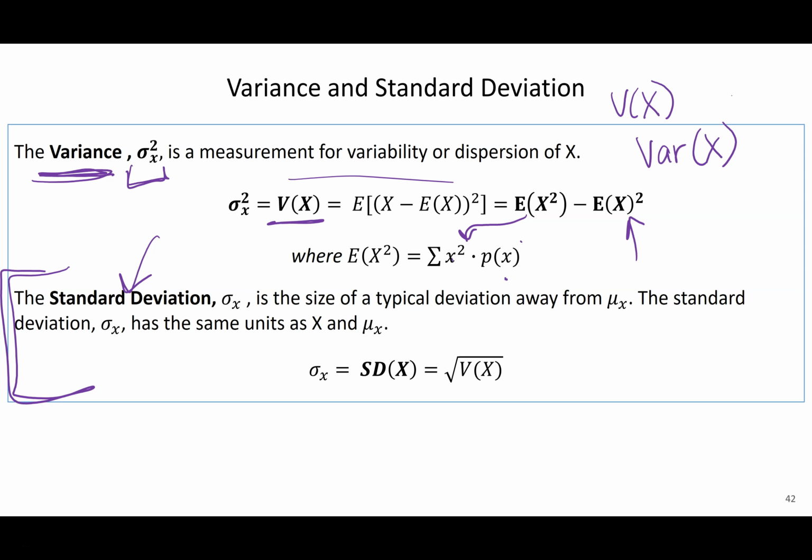A useful thing about the standard deviation is that it has the same units as the random variable, or mu, whereas the variance has units squared.